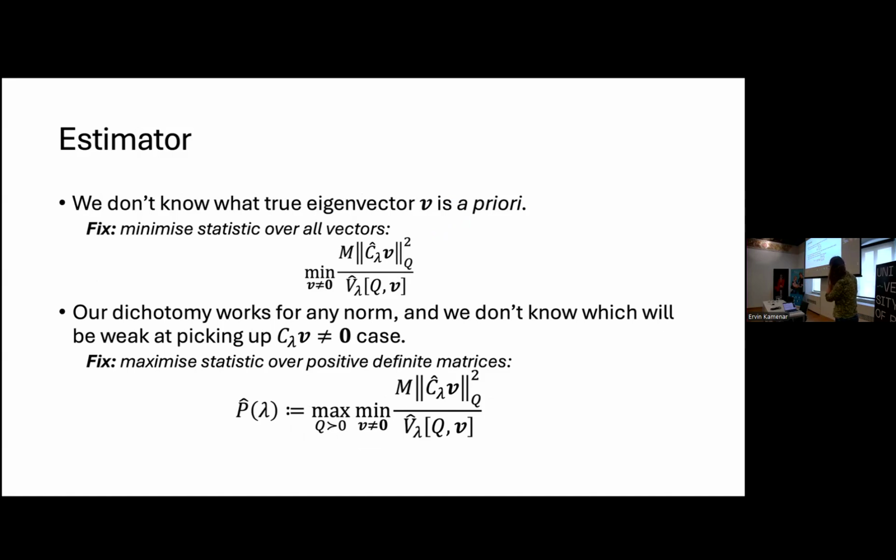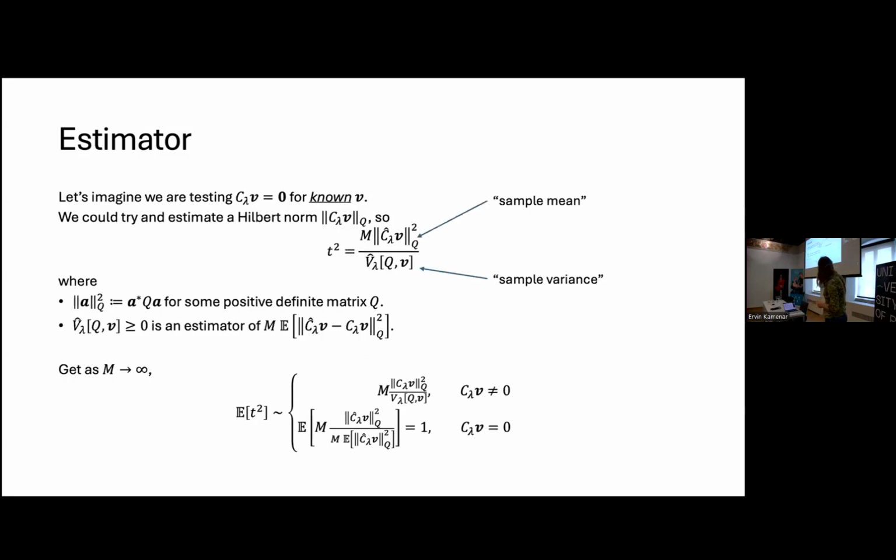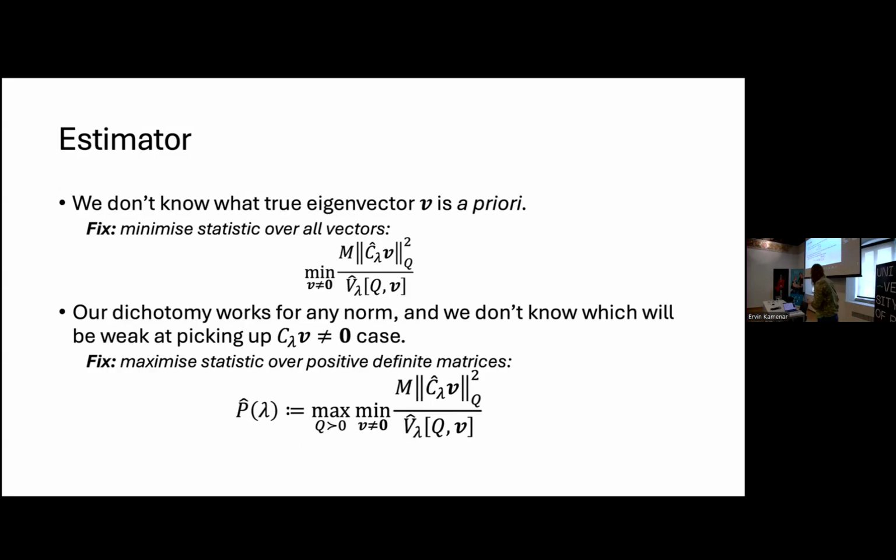And the next thing we kind of want, so there we go. We have some statistic, and this should work for us, but we've left Q unfixed. We'll get this kind of dichotomy for any Q, but the constant out the front of m, the rate of growth of my test statistic if I'm not at an eigenvalue, depends on this Q. So I'm going to try and maximize this, because then I will maximize the power of my test.